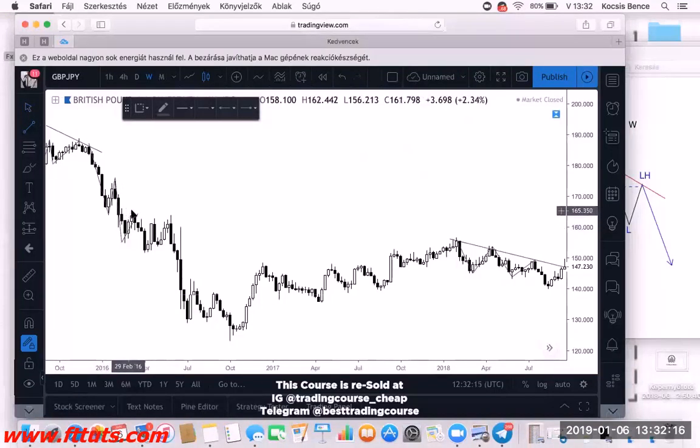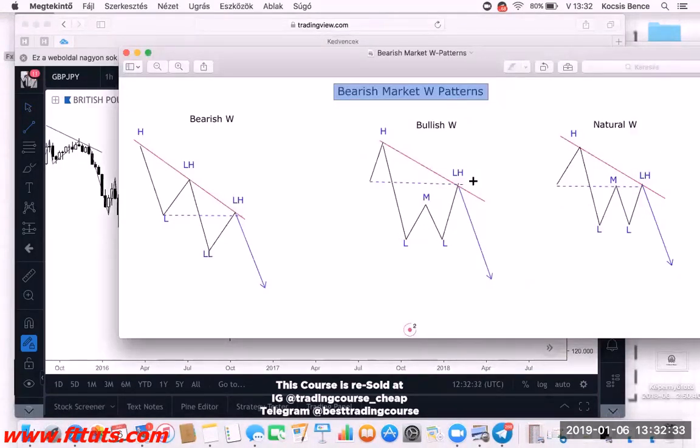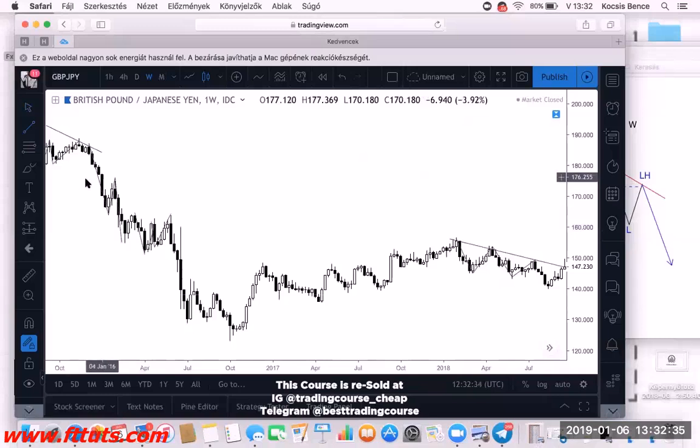To complete the bearish W, let's create the bullish W. So we have lows, we have middle, and the last leg it squeezed, finds a support and resistance zone.